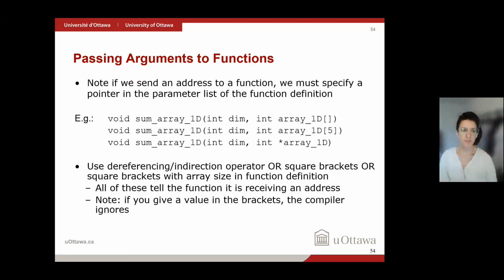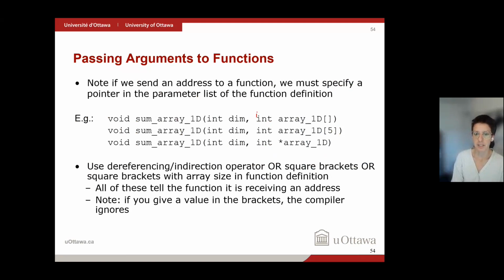Okay. So if we send an address to a function, we have to specify a pointer in the parameter list of the function. There's a couple different ways to do this. So this is the function definition here, right? So this isn't the call to the function, it's the function definition.